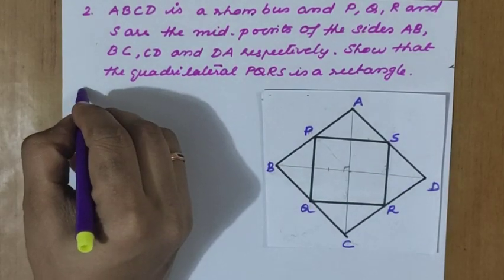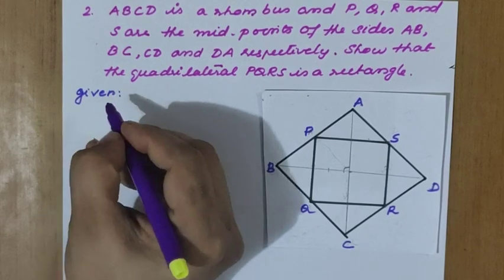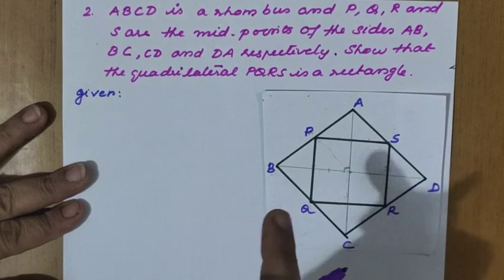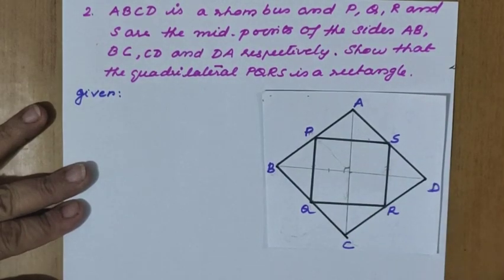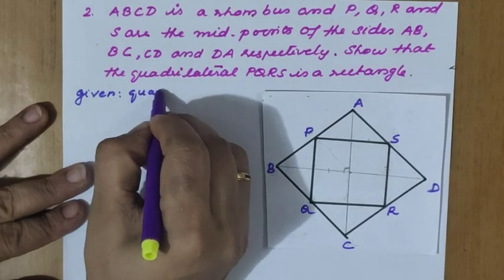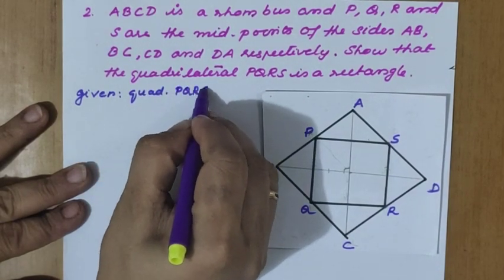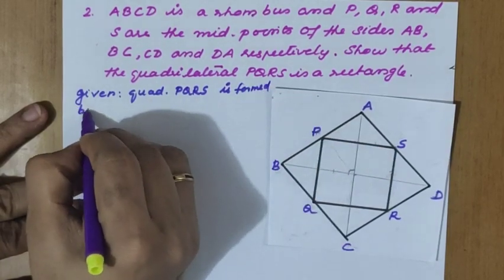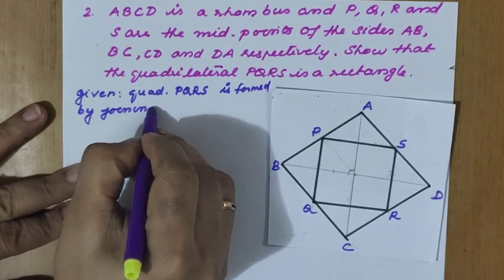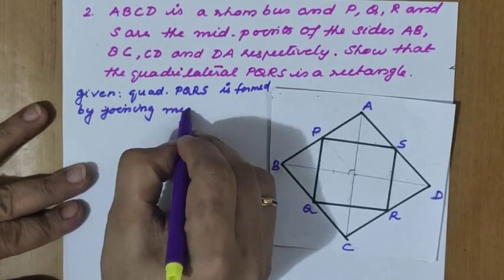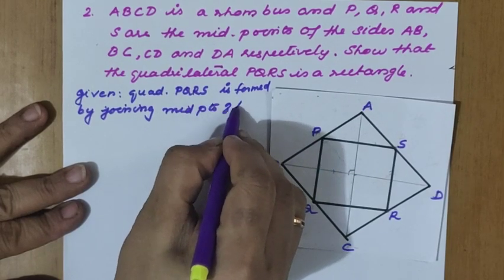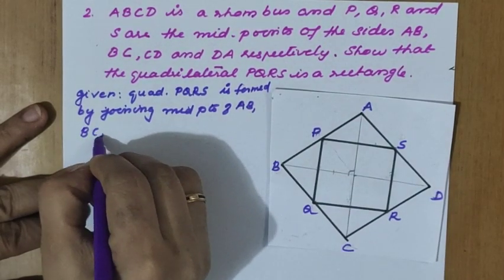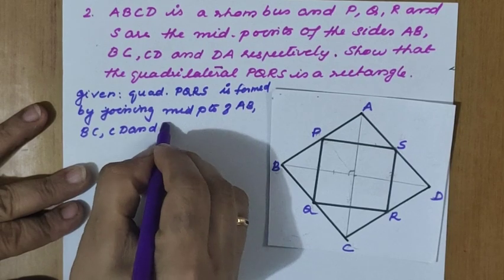So I'll write here, given: quadrilateral PQRS is formed by joining the midpoints of AB, BC, CD and DA in order.